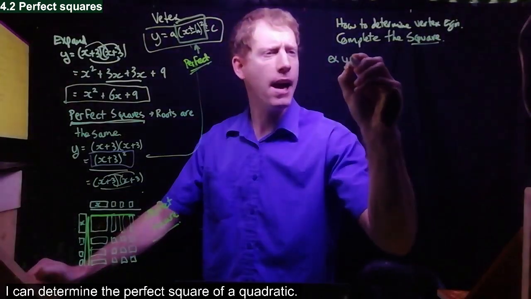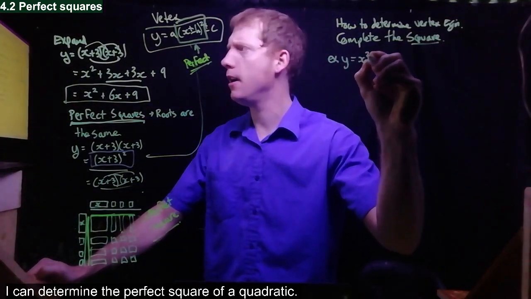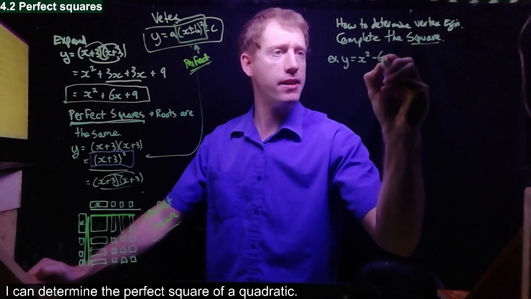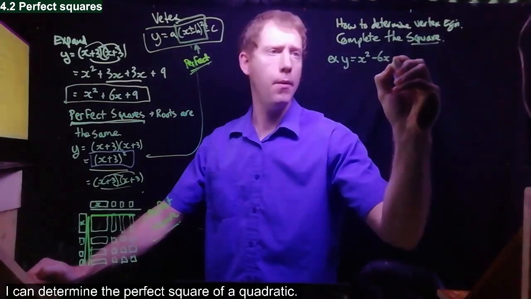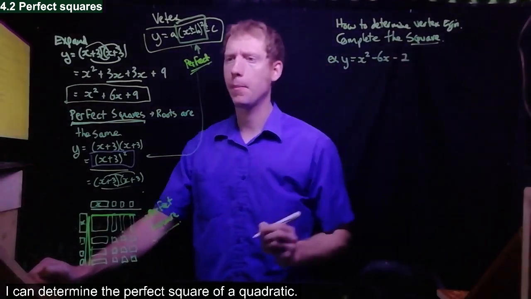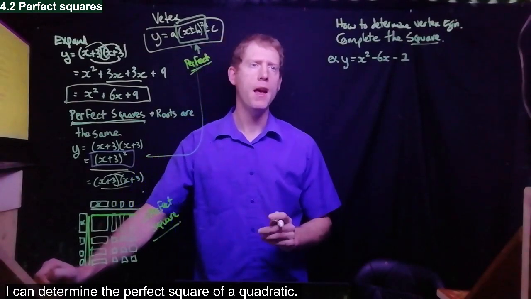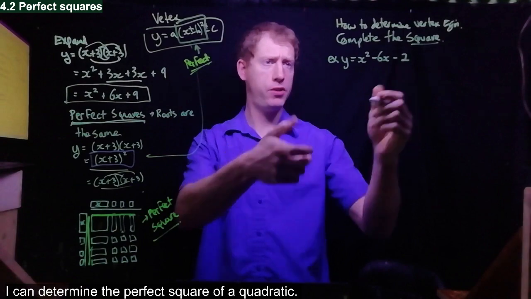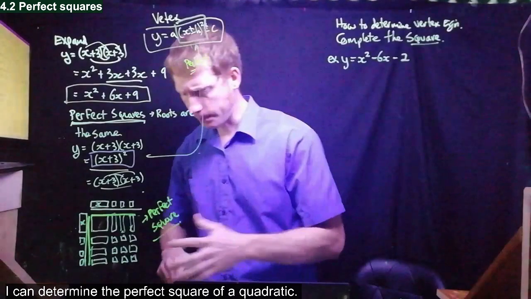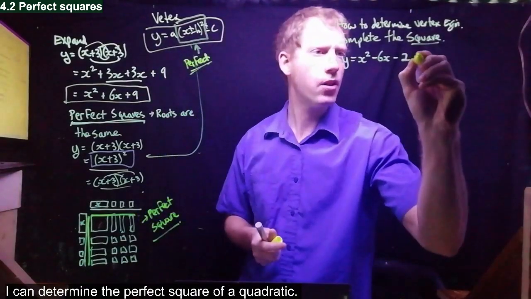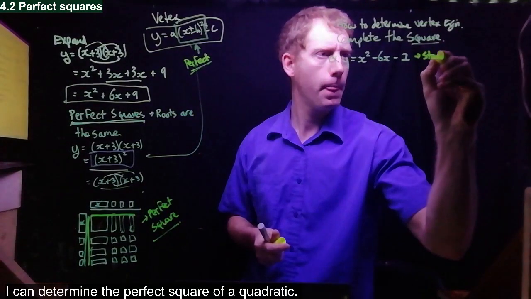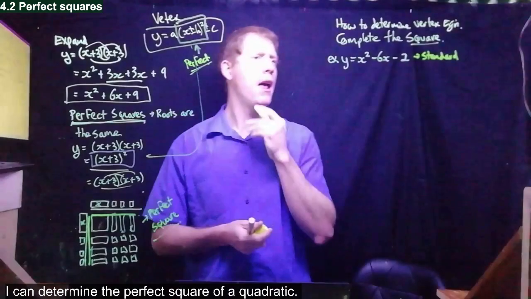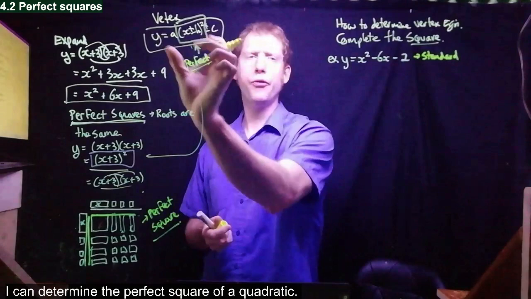If I have y is equal to x squared minus 6x minus 2. Okay? This equation is not in a perfect square. This is in standard form. This is called standard form. Well, I want to get into vertex form.